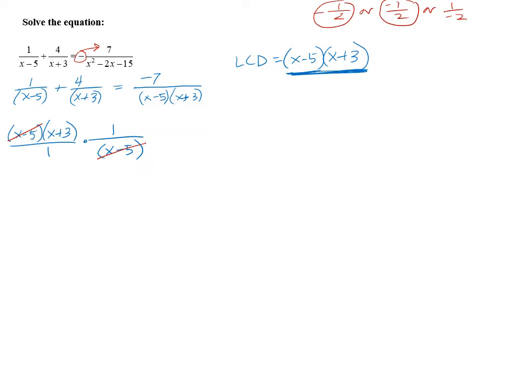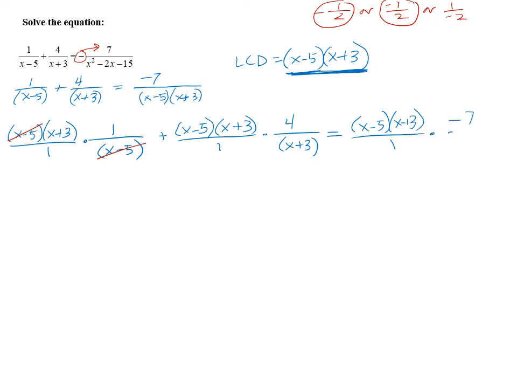And we're allowed to do this as long as we do it to every term in the equation, because remember, as long as you do the same thing to everything in the equation, then you still have a true equation. So I'm going to take plus the LCD over 1 times the second fraction, and then equals the LCD over 1 times the third fraction, which is the one on the right side.